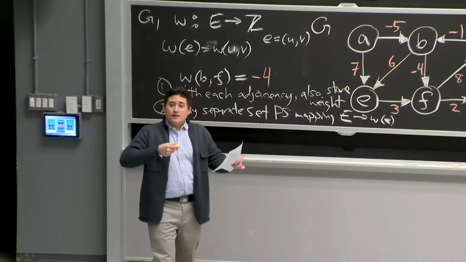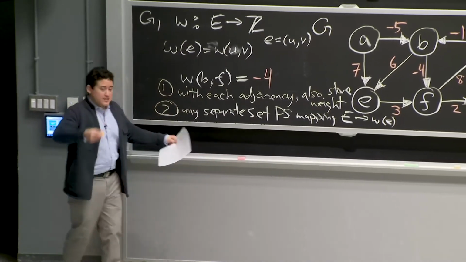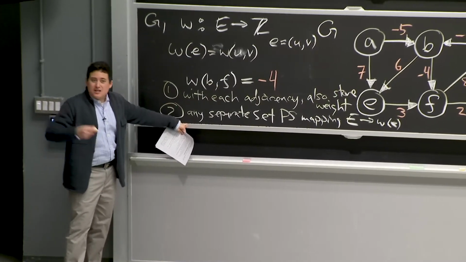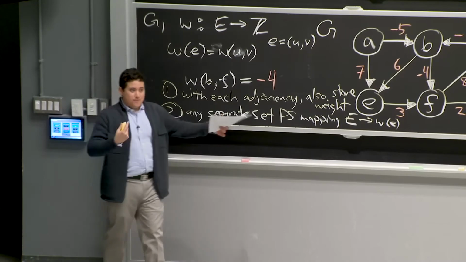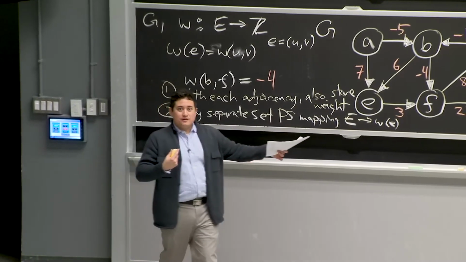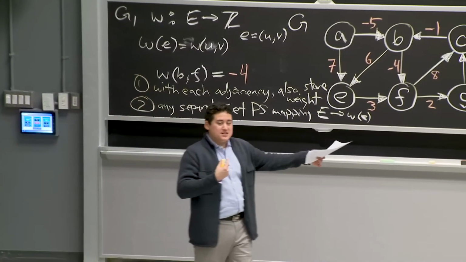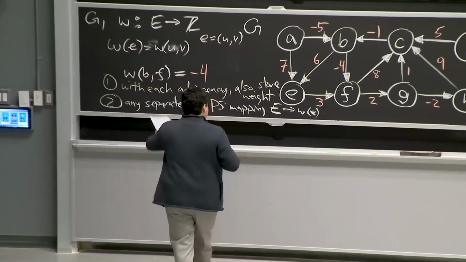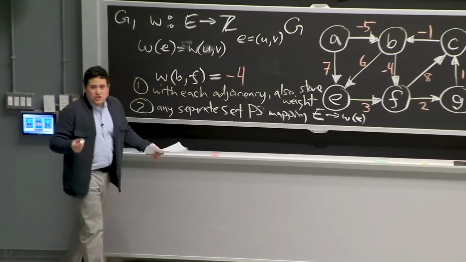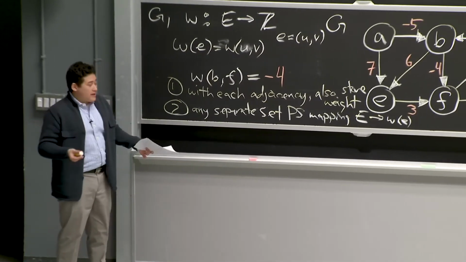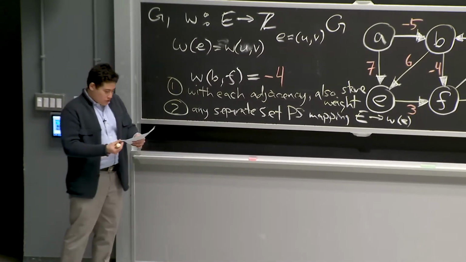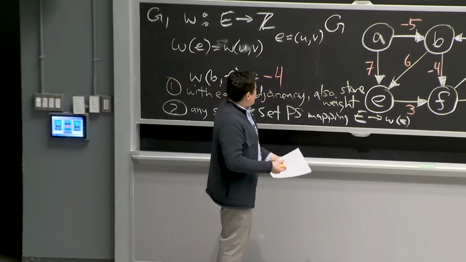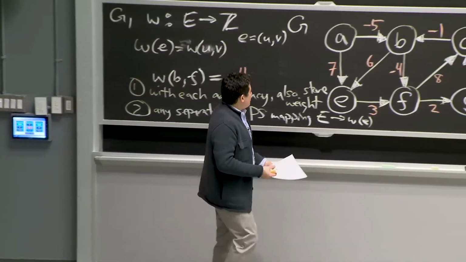That way, in constant time, I can check what the weight is there. Or I could even have just a single hash table mapping the pair, the edge, the tuple of constant size, to its weight. So either way is fine. We're just going to assume that we can query the weight of an edge in constant time.